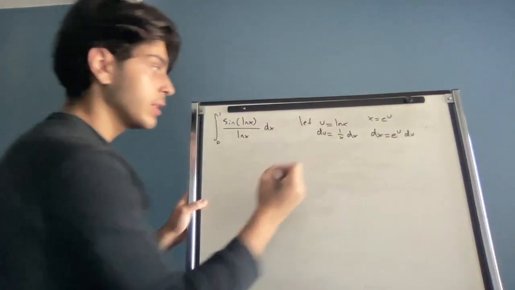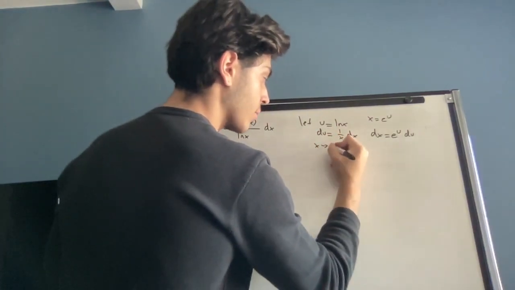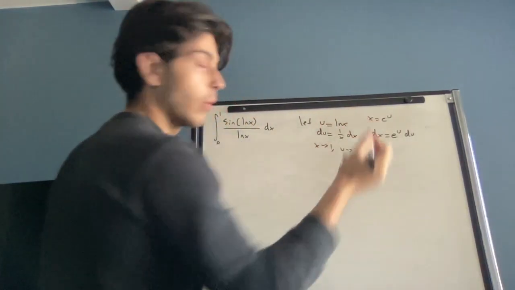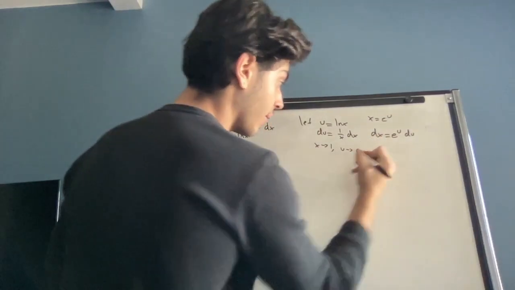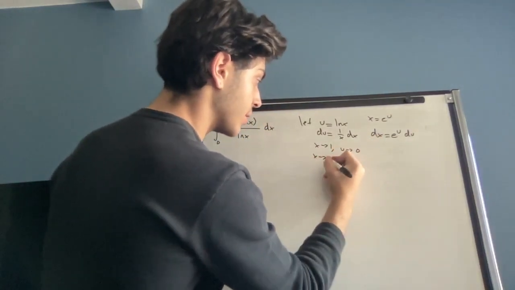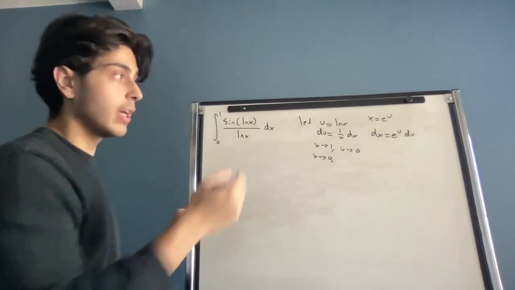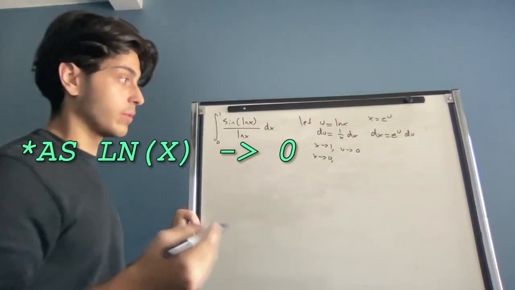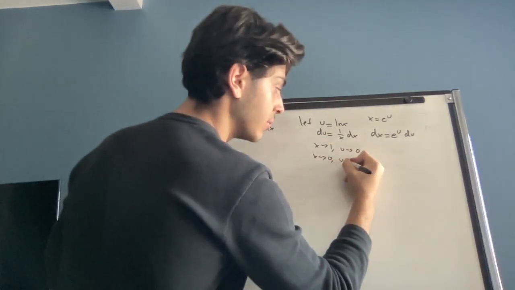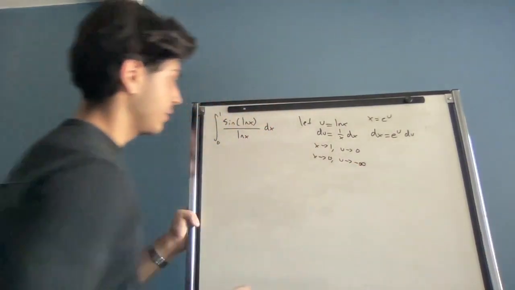Now for the bounds of integration, as x approaches 1, u, or ln of 1, becomes 0. Now as x approaches 0, taking the limit as ln of x approaches 0, you get u being equal to negative infinity.